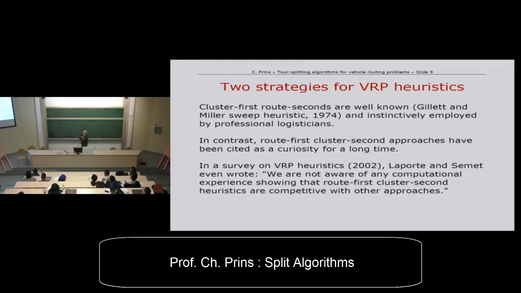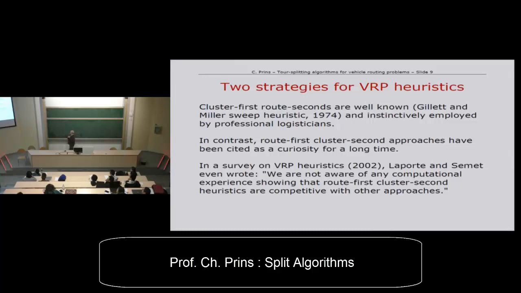I don't know if you are familiar with this domain, but the first group is well known now. There is, for instance, a sweep heuristic published by Gillett and Miller, and the professional logisticians do that instinctively. They divide the city into polygons, for instance, or big squares, and then they build separate trips in each polygon and in each square on a map of the city.